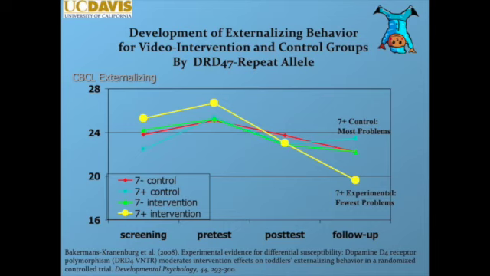They start off with the highest problem behavior score, and they end up with the lowest. In contrast, those who carry the same genetic variant but are in the control group, the blue line, end up with the most problems. So it looks like that allele inclines you to be vulnerable to adversity, in this case being in the control group, but disproportionately likely to benefit from enrichment, being in the experimental group.